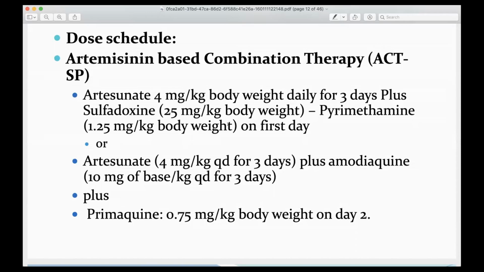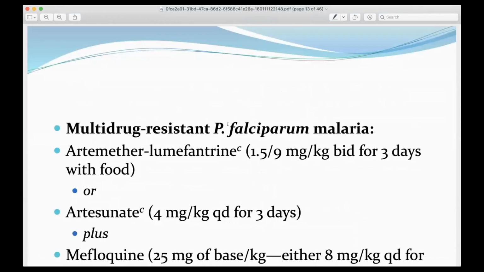So artesunate and amodiaquine can be used plus primaquine. Remember, primaquine in falciparum malaria cases, you have to give 0.75 milligram per kg. It is 3 times the Plasmodium vivax dose, but on day 2 only, not for 14 days.